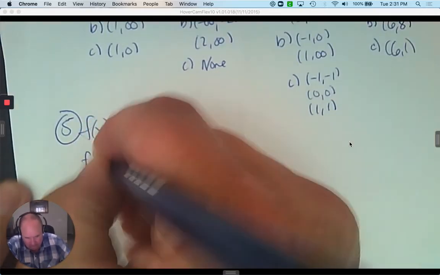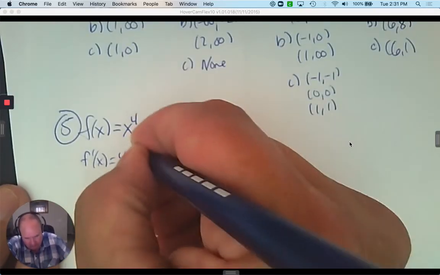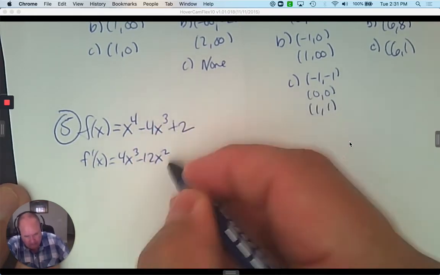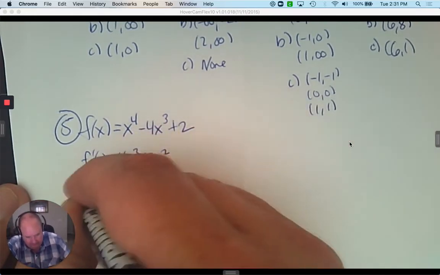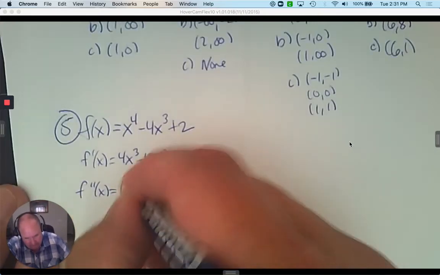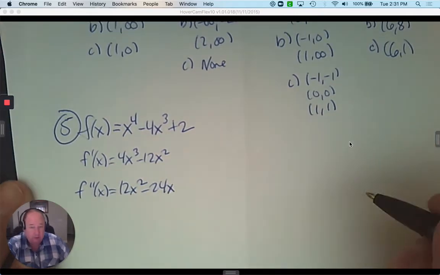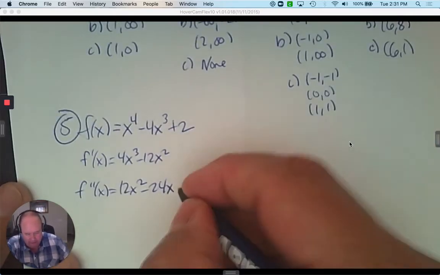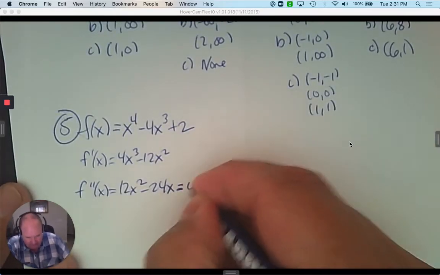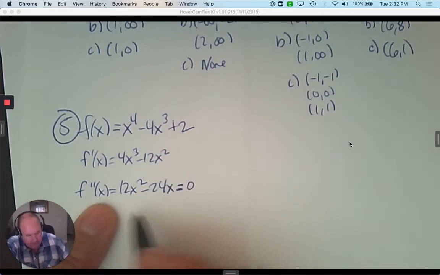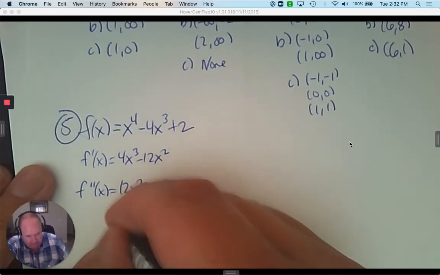So the first derivative here is 4x cubed subtract 12x squared when you multiply, and then 0. And now the second derivative is 12x squared minus 24x. There's nothing that makes this undefined, so we're going to make it equal to 0. And then I'm going to solve by factoring. So I'm going to factor out a 12x.